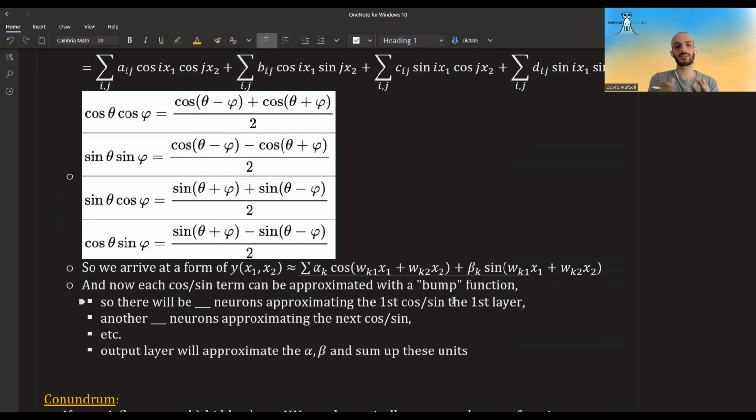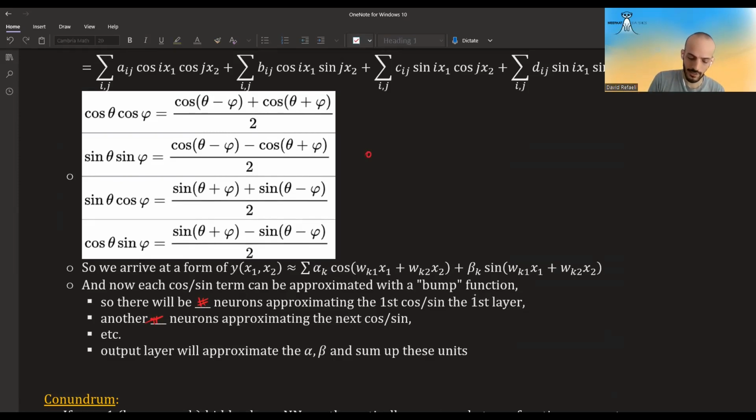So for the first cosine, we might need, I don't know, a bazillion neurons just to approximate it, and then another million neurons just to approximate the second cosine, etc. And then the output layer approximates these alpha and beta coefficients and sums up these cosines and sines.